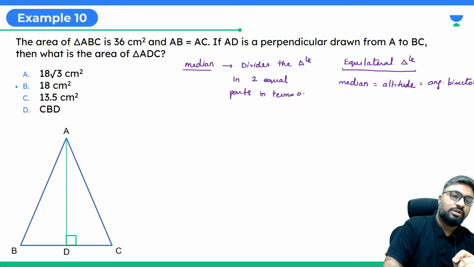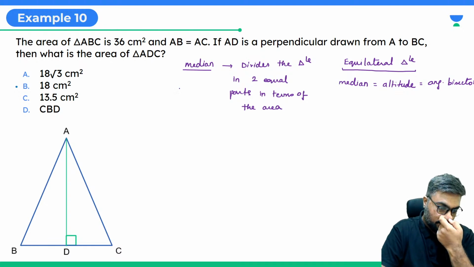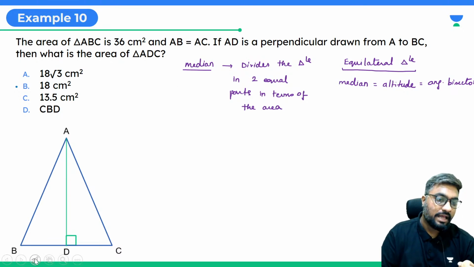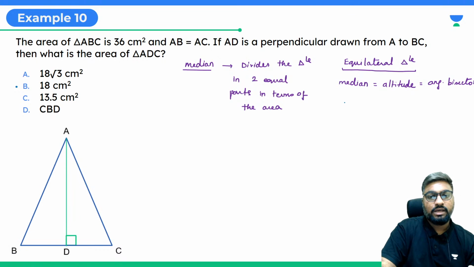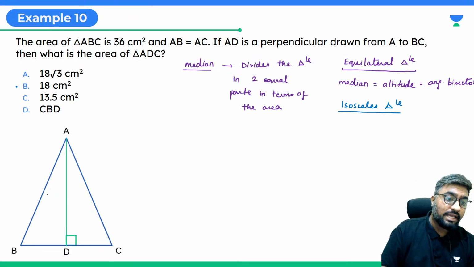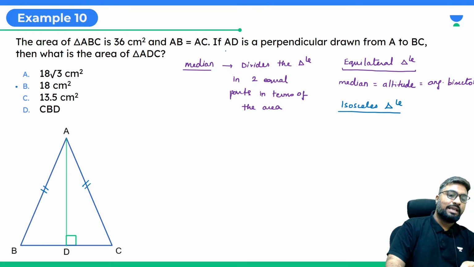Yes, in terms of the area. Now with an isosceles triangle, क्योंकि isosceles triangle में not all the sides are equal, तो isosceles triangle में क्या होता है, only for the unequal side, मतलब ये वाला साइड और ये वाला साइड इक्वल है दिया हुआ है, करेक्ट, AB and AC are equal.